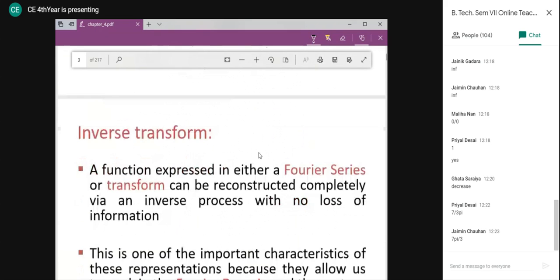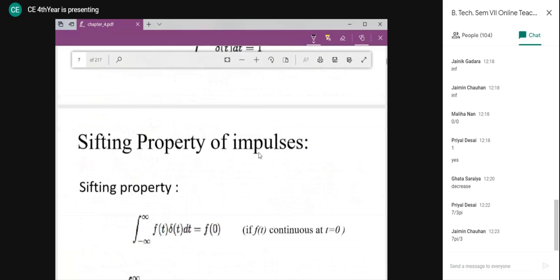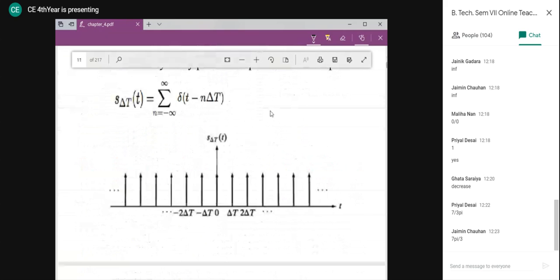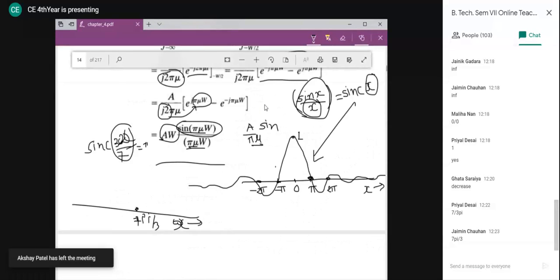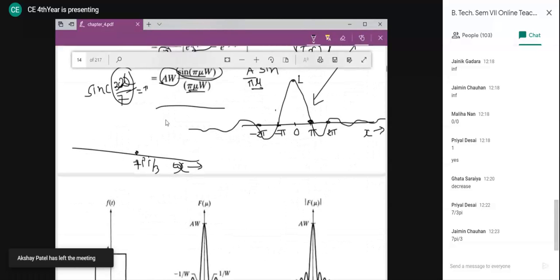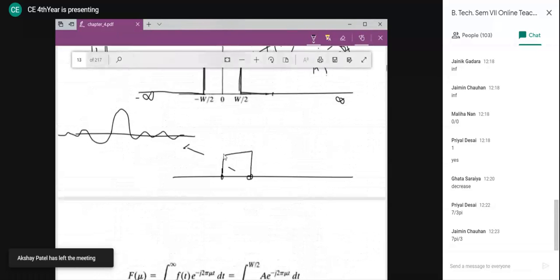Now, that same understanding we have to develop here for our curve. To make this pulse, how many sinusoidals do I need? How many frequencies do I need? I need frequencies from minus infinite to plus infinite. That means I need infinite sinusoidals to create such a pulse.